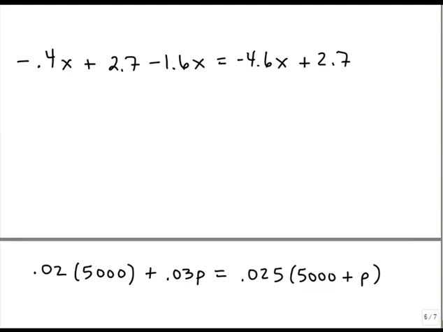And the key to figuring out what you should multiply by is counting how many digits come after the decimal. So for example, 0.4 has 1 digit, 2.7 has 1 digit to the right, 1.6 has 1 digit, 4.6 has 1 digit, and 2.7 has 1 digit. So they all have one decimal place present.